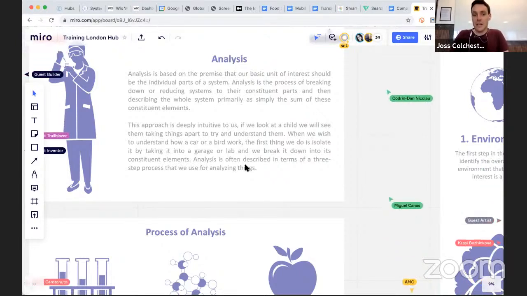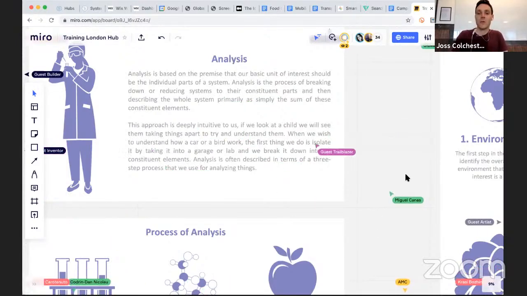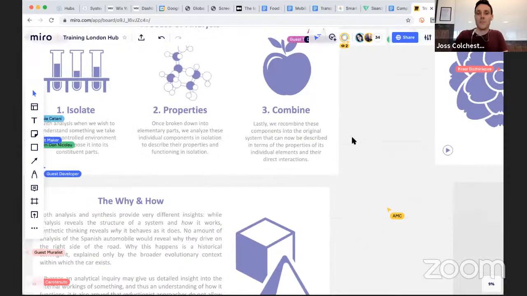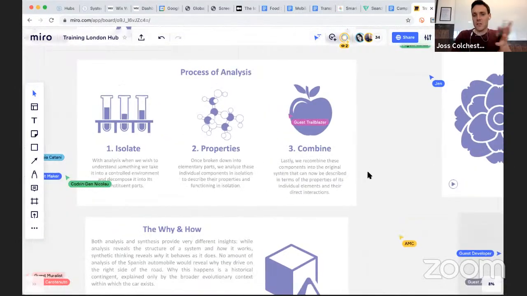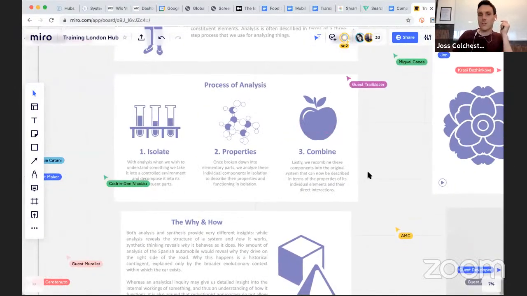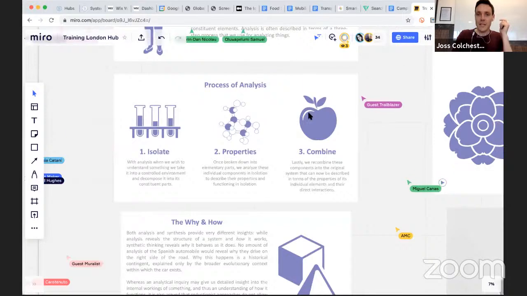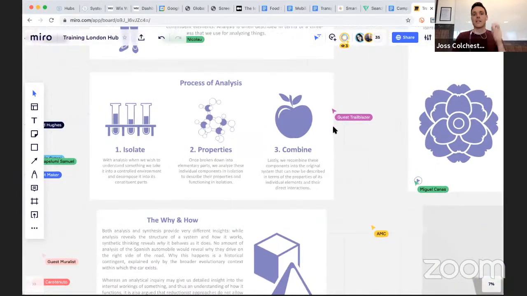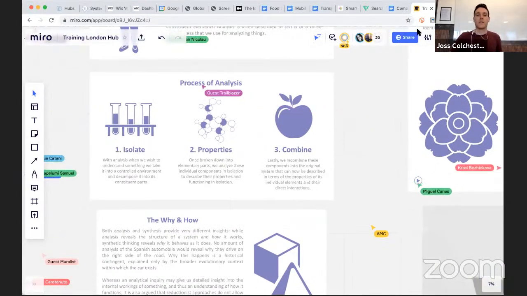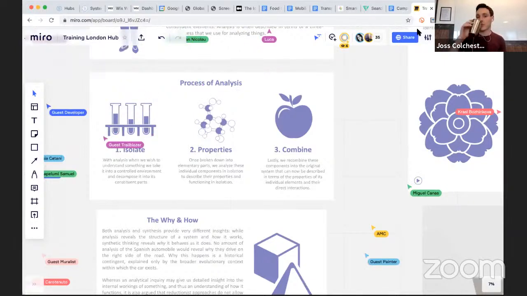We analyze it. Analysis is often described in terms of a three-step process. So this is kind of what we're doing when we do reductionism or analysis. A lot of what I'm talking about here is coming from Russell Ackoff, who's a famous systems thinker back in the 20th century. And this is how he talks about analysis and reductionism as a three-step process.